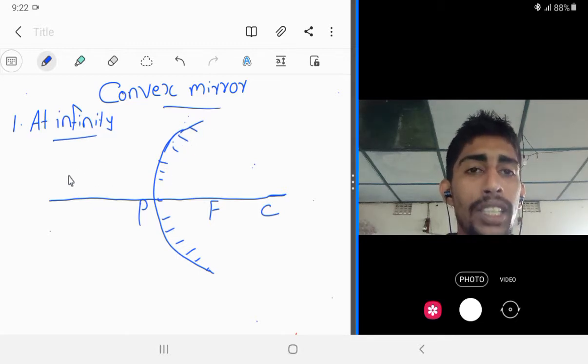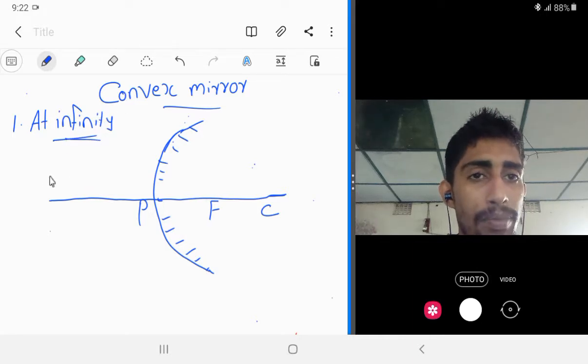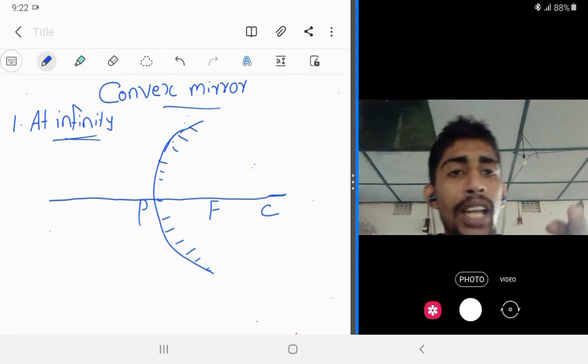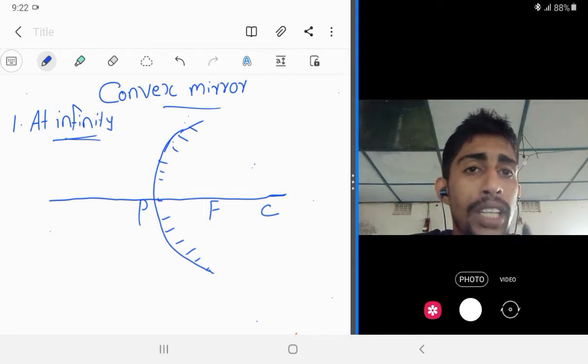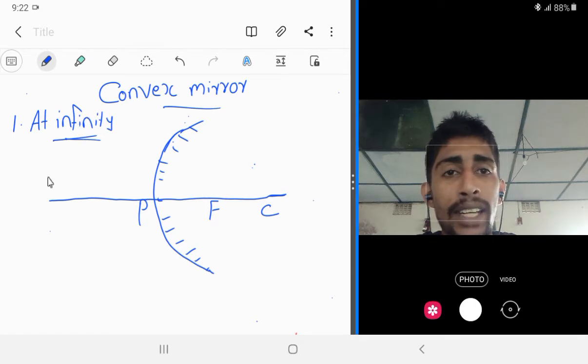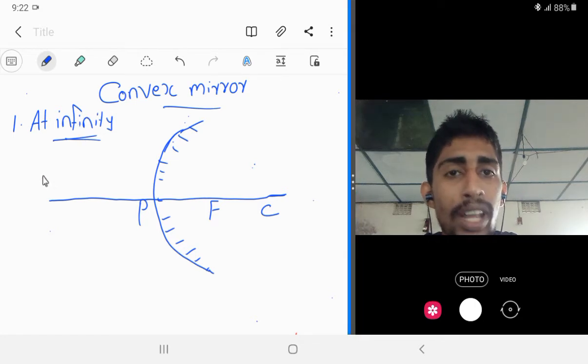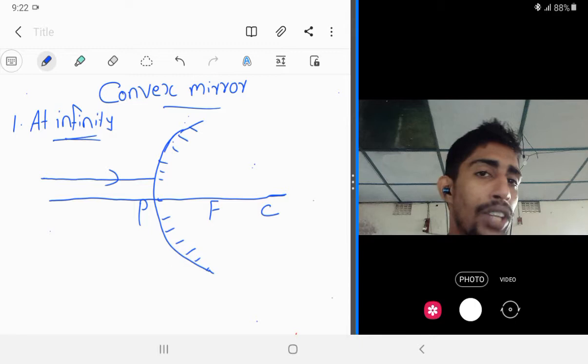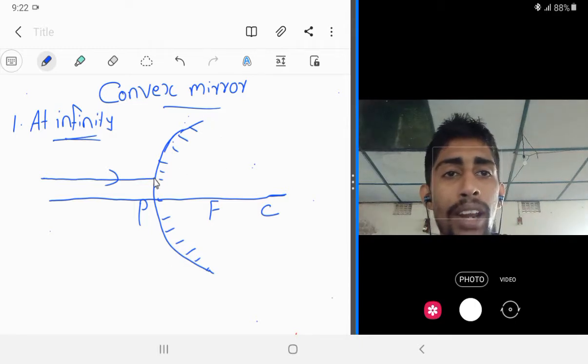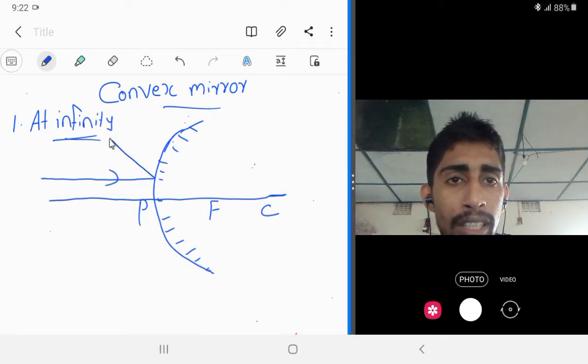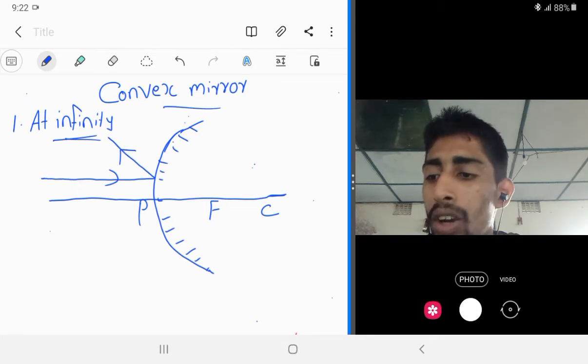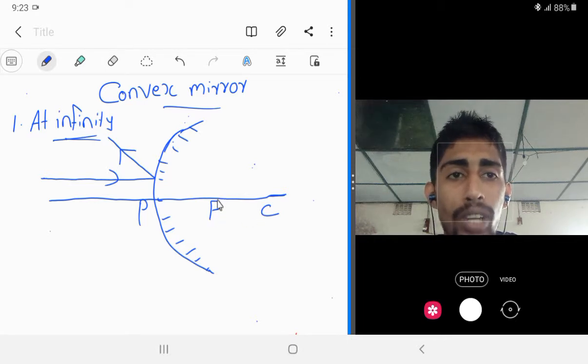When the object is at infinity, the light rays always come parallel to the principal axis. The light rays which are parallel to the principal axis will reflect back in the direction of the principal focus.